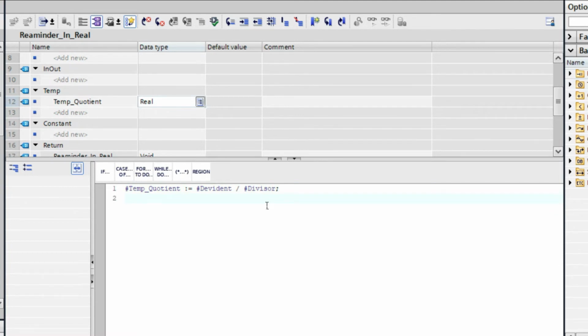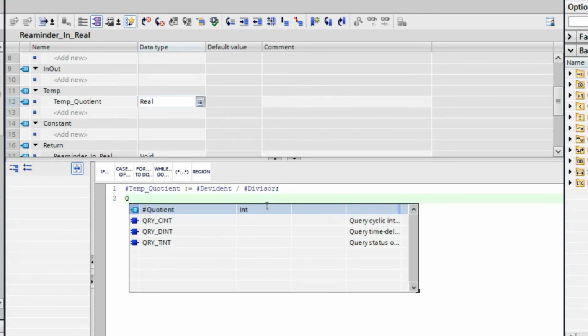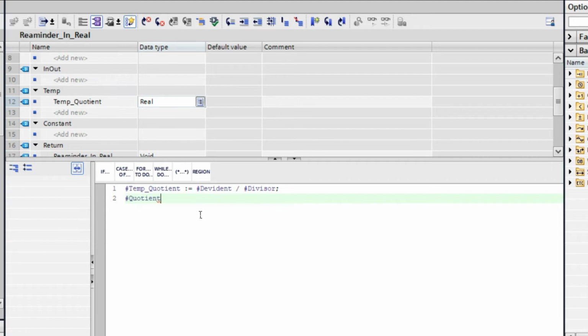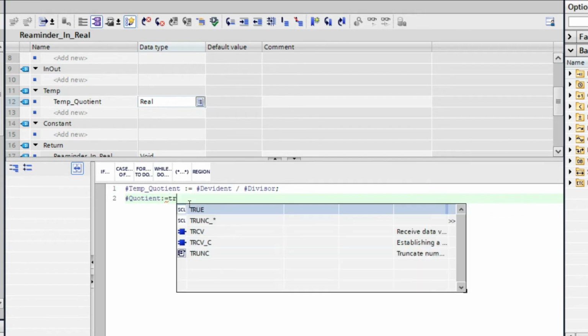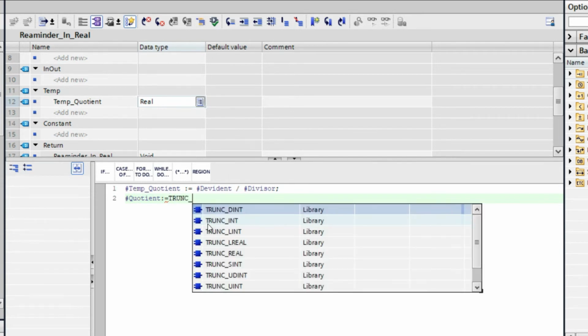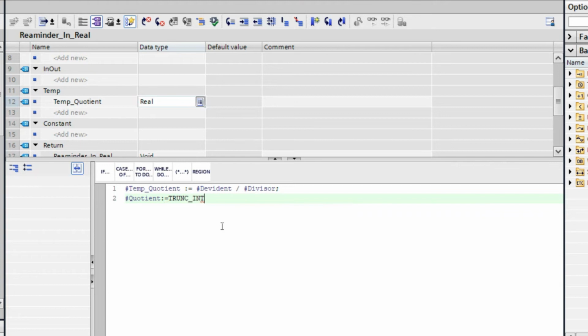Now I will make the real quotient as output of the block function. So how will we get the quotient in integer format from that temp quotient? I will use the trunc function, trunc in integer.